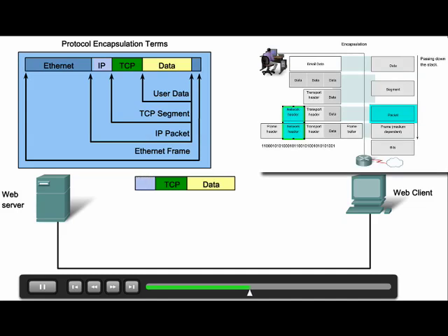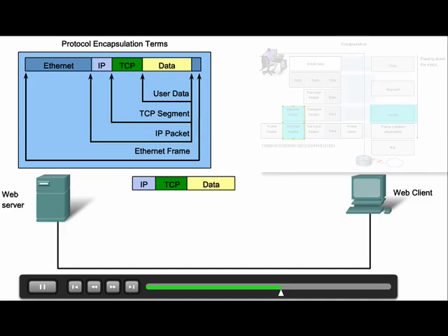The transport layer then sends the segment to the internet layer, where the internet protocol is used. Here, the entire TCP segment is encapsulated within an IP packet, which adds another label called the IP header. The IP header gives the packet traveling directions by adding source and destination host IP addresses.